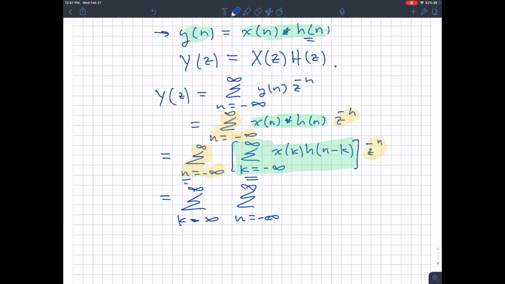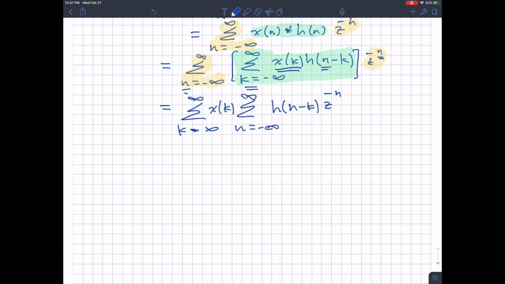And then we just keep track of what has a k on it and what doesn't. x of k has a k on it, so it's a constant with respect to the summation over n. So x of k factors out and comes to the outside. Then we're left with things that depend on n, which would be h of n minus k and z to the minus n.